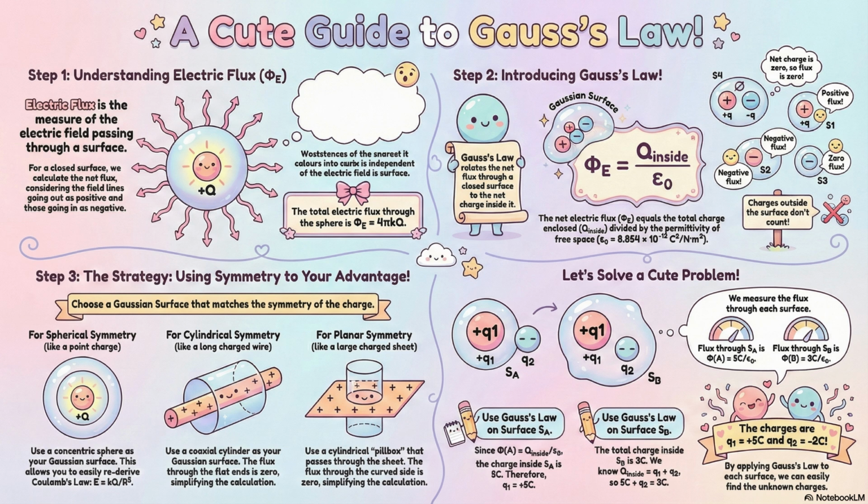Completely. And here's a quick nugget that really shows the power of this. Because the law ties the field lines directly to the charge, you can use it as a purely algebraic tool to solve puzzles about unknown charges. Right, like those classic problems where you have, say, 3 unknown charges nested inside 3 different boxes. Exactly. The source material has those.